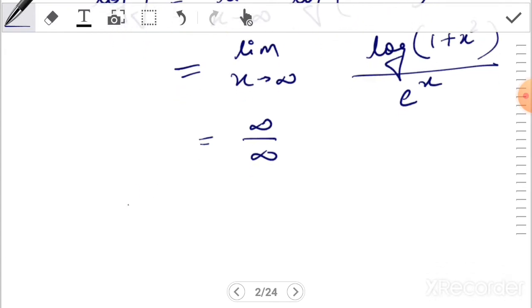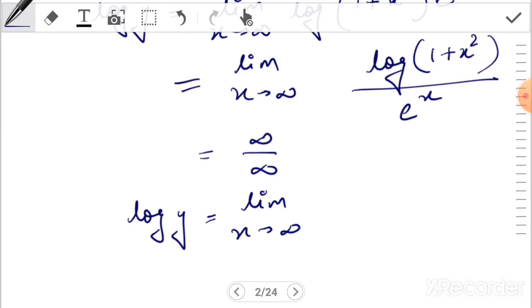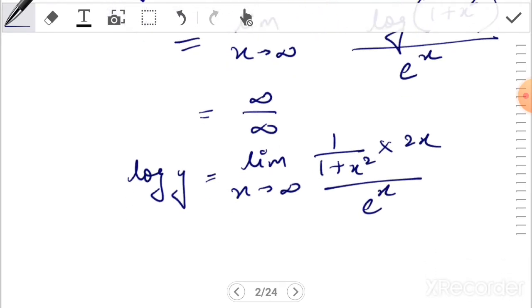So log y is equal to the limit as x tends to infinity of, the derivative of log is 1 by x, so 1 by (1 + x squared), and differentiating x squared gives 2x, divided by the derivative of e to the x, which is e to the x only.